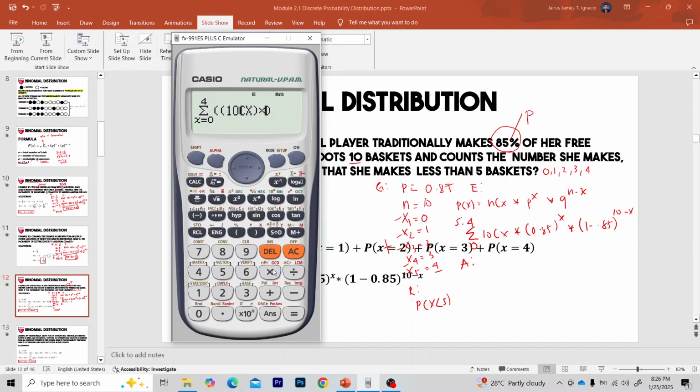So multiplied by the value, we have 0.85 raised to alpha x, multiplied by 1 minus 0.85, raised to 10 minus alpha x. So we have the answer of 1.38 times 10 raised to negative 3.